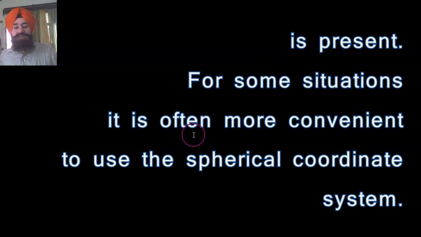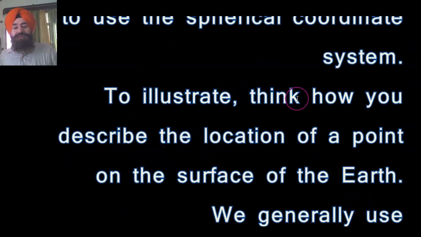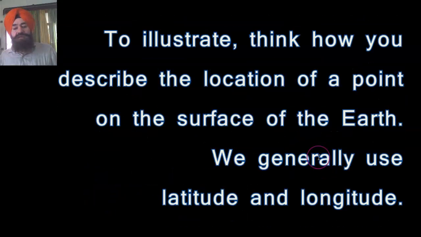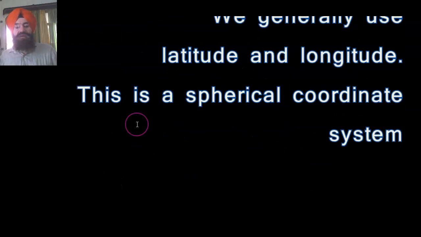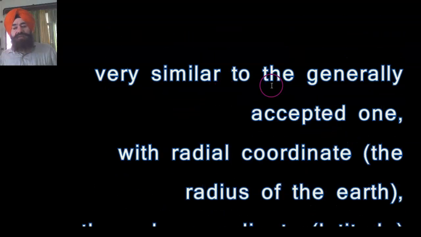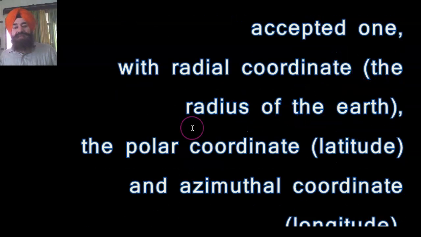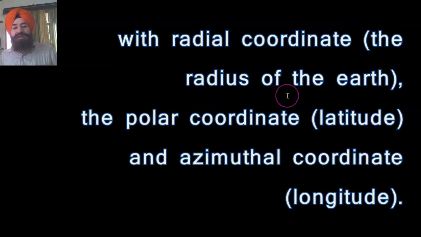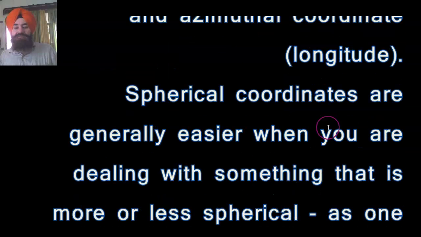For some situations, it is often more convenient to use spherical coordinate systems. To illustrate, consider how you describe the location of a point on the surface of the earth. We generally use latitude and longitude. There is a spherical coordinate system very similar to the generally accepted one, with the radial coordinate like the radius of earth, the polar coordinate like latitude, and the azimuthal coordinate like longitude.